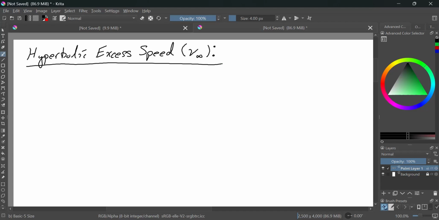In practice, this is effectively the speed that you will have when you reach the edge of the host body's sphere of influence. I say effectively. When you reach the sphere of influence, you will be at a finite distance. Your speed will be a little bit higher. It is not going to be a perfect representation, but for a back-of-the-envelope calculation, it's good enough.